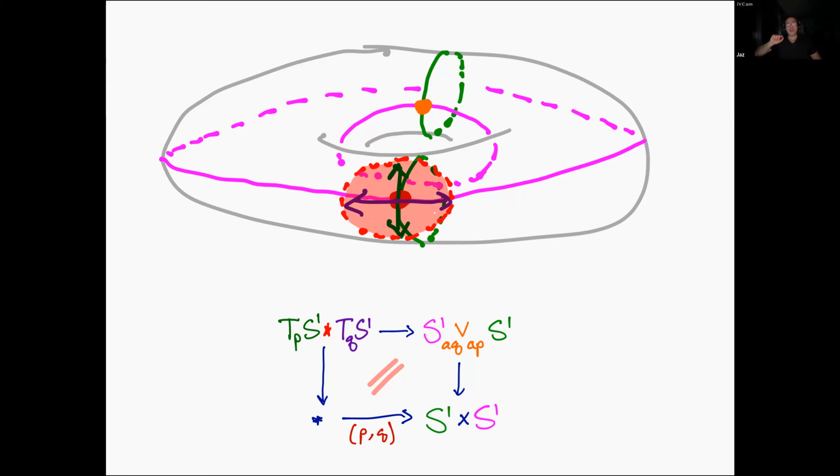And I've drawn there two other circles. And those circles are what you get when you fix one of the components to be the antipode of one of the components and let the other one vary, right? So if I fix the first component to be AP and let the rest vary, I get the other purple circle, this inner purple circle. And if I fix AQ and let the first component vary, I get this other green circle.